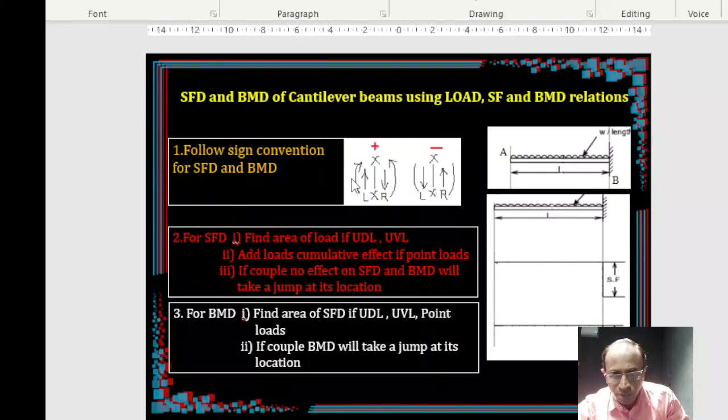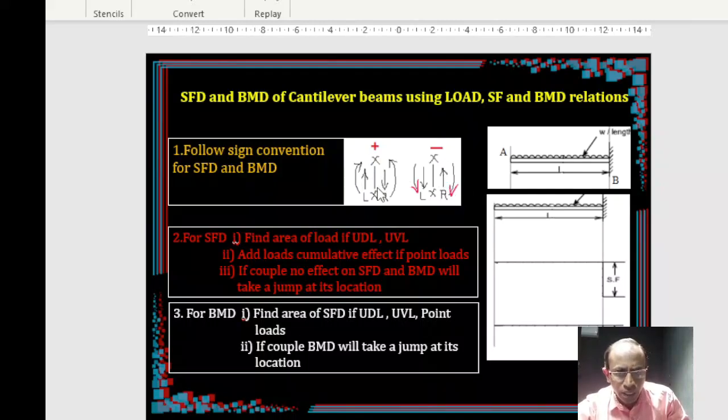Coming to the moment, the reverse of this: anticlockwise on the left of the section and clockwise on the right of the section is taken as negative.